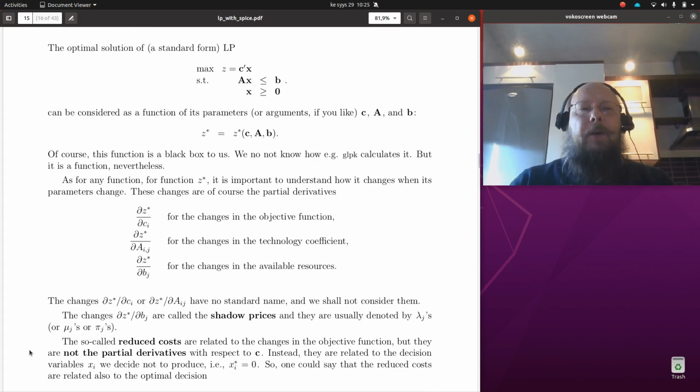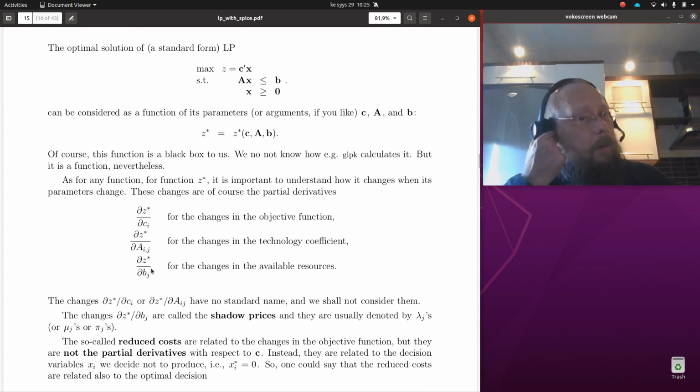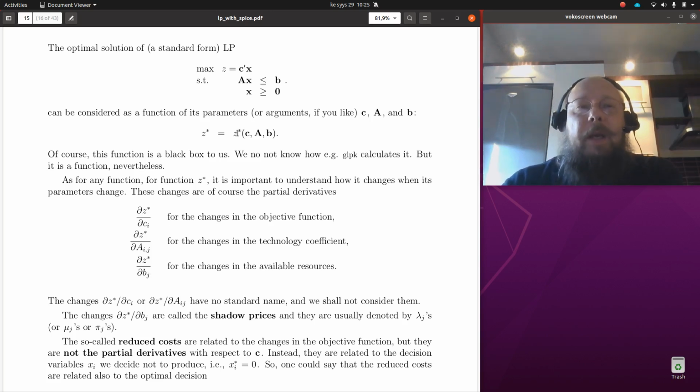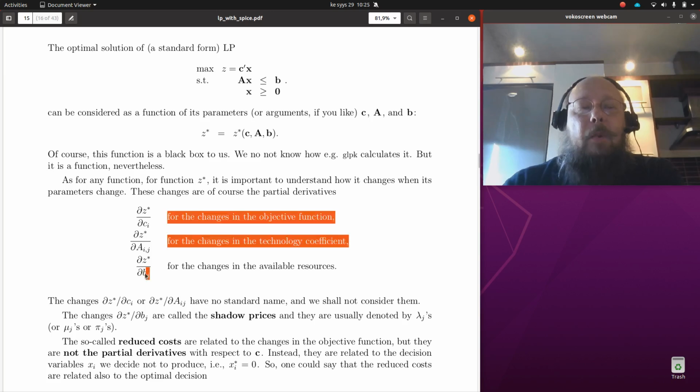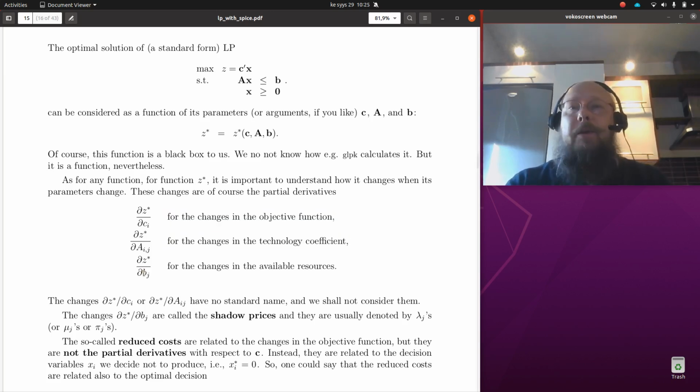Then on the other hand, these last changes, the changes in the available resources. Suppose we want to know how the objective function, say the daily revenue in the Muad'Dib's problem, changes if we have, say, one additional resource b_j.